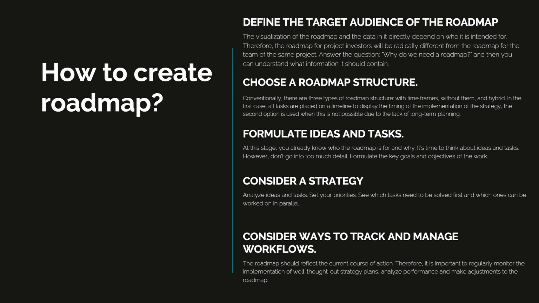Formulate ideas and tasks. At this stage, you already know who the roadmap is for and why. It's time to think about ideas and tasks, but don't go into too much detail. Formulate the key goals and objectives of the work.